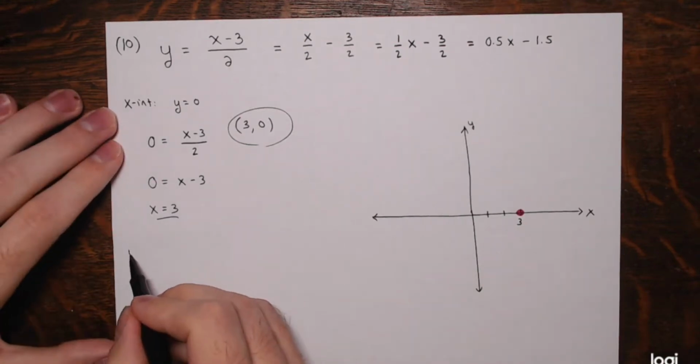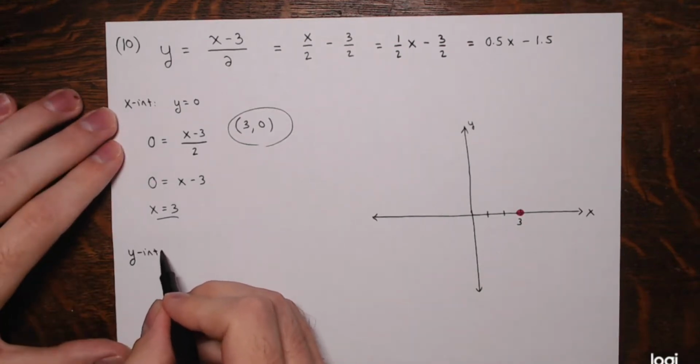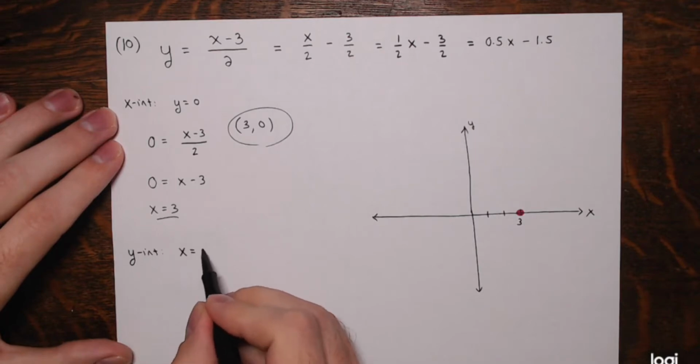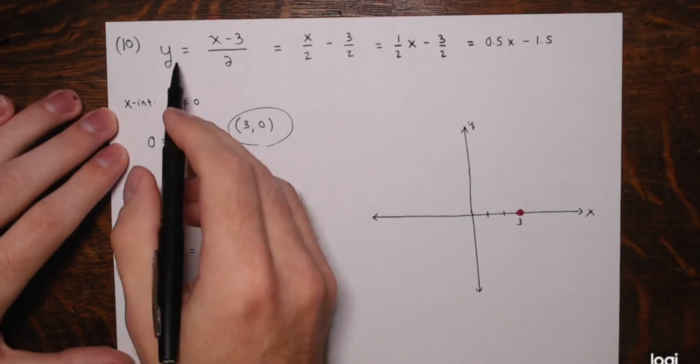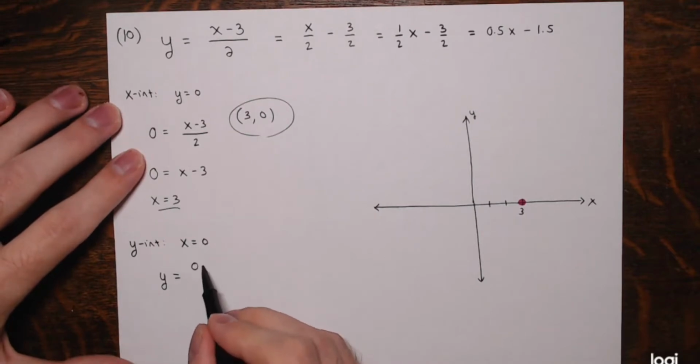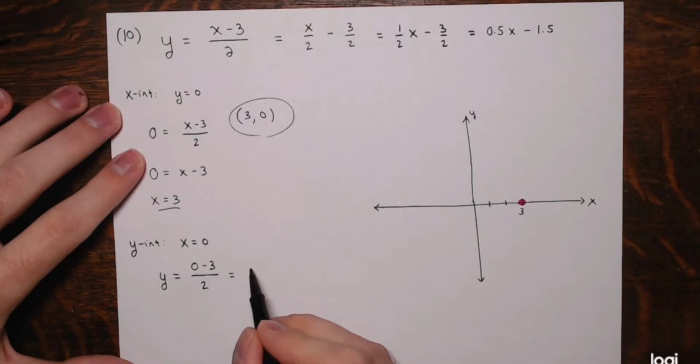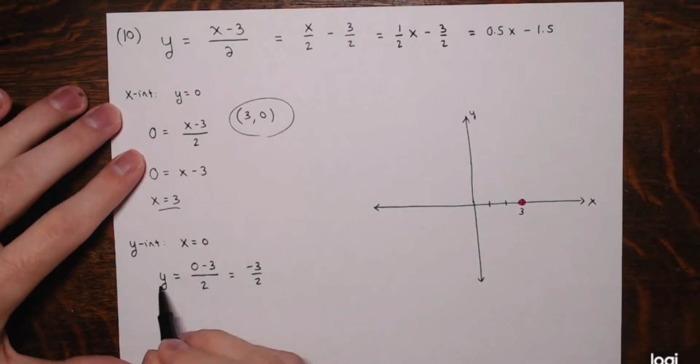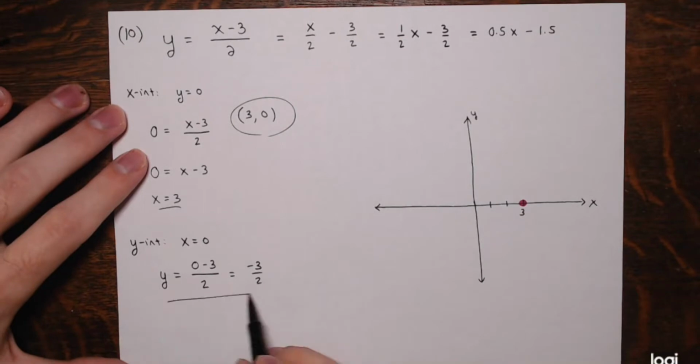Alright, and then the y-intercept. I'm just going to replace the x-coordinate with 0. So again, in this original equation, we have y equals 0 minus 3 in the numerator, 2 in the denominator. That's just negative 3 in the numerator, 2 in the denominator, and y is already solved for. So y equals negative 3 halves, or negative 1.5 if you want a decimal.